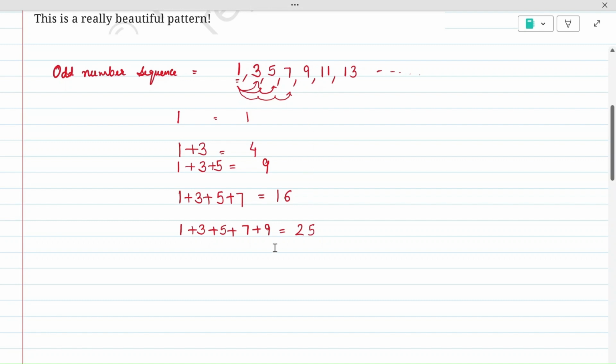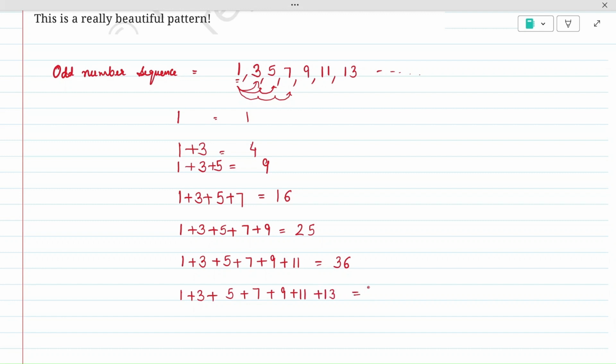Now, to get the next number, we are writing 1 plus 3 plus 5 plus 7 plus 9 plus 11, which makes it 36. And the last number in this example, I am taking 13. This is 1 plus 3 plus 5 plus 7 plus 9 plus 11 plus 13.